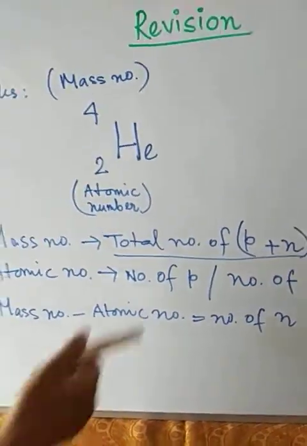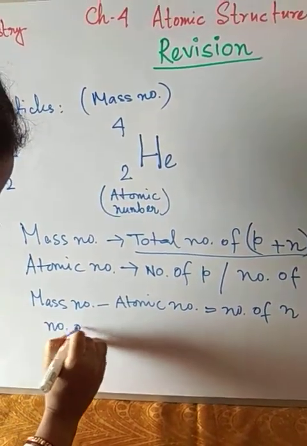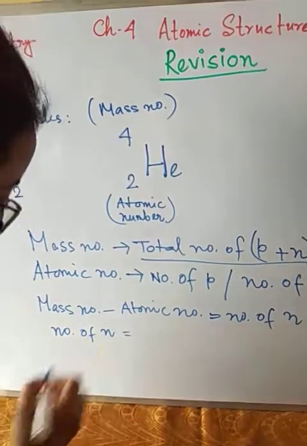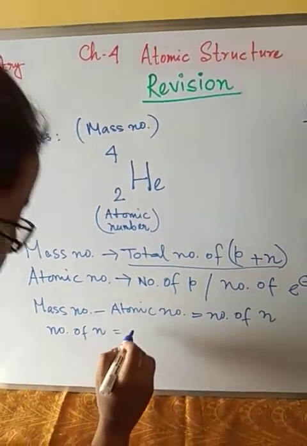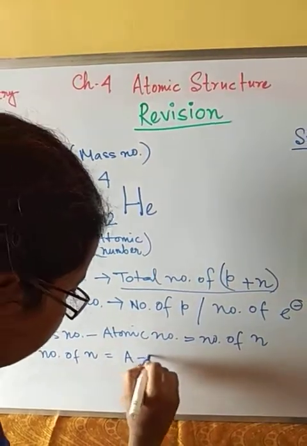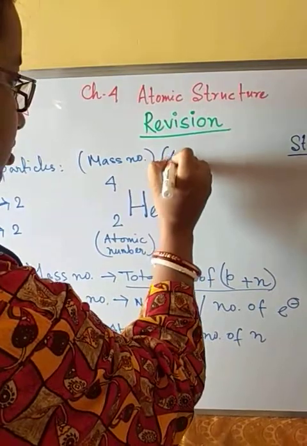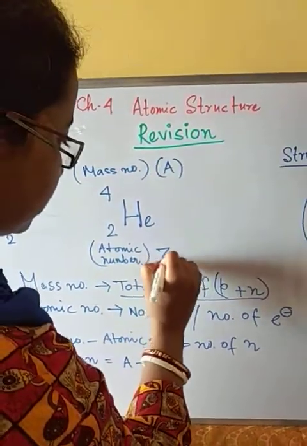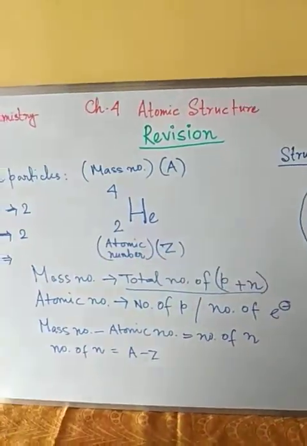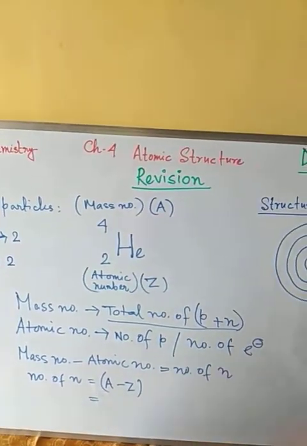Number of neutrons is equal to mass number, represented by A, minus atomic number, represented by Z. So by A minus Z, from this formula we can find out the number of neutrons.